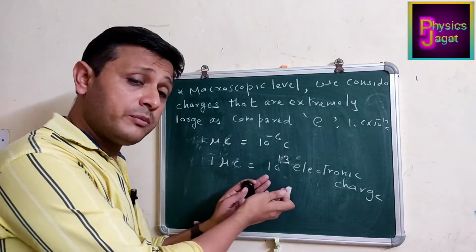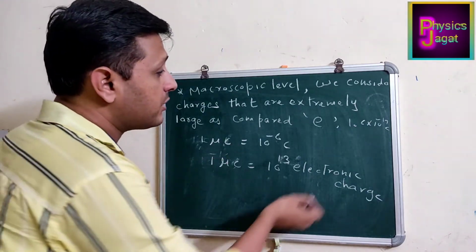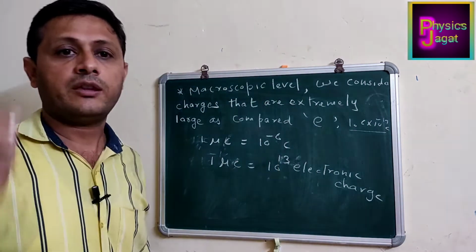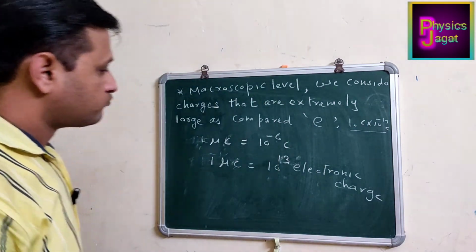That means 1 microcoulomb is also a bigger number compared to E.